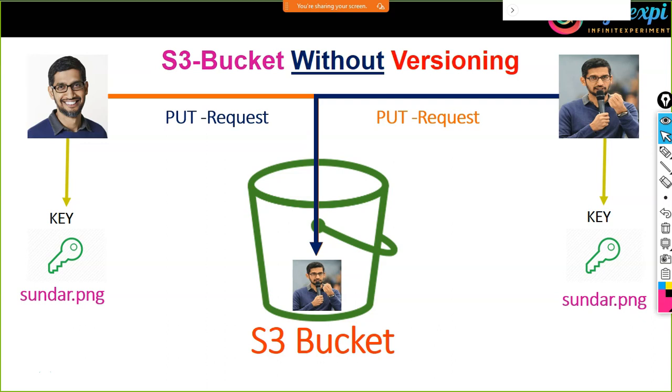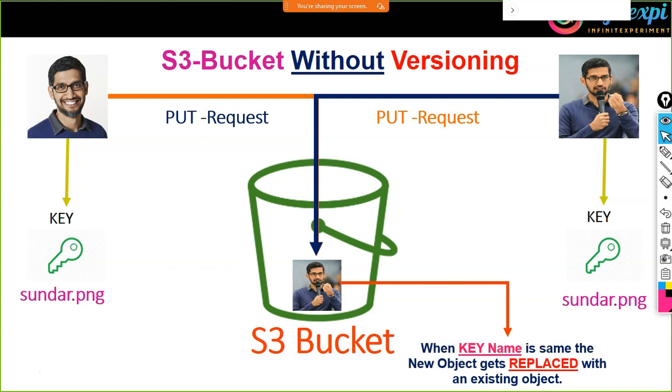If you are not maintaining versions, it will replace. If the key name of the new object is the same as an existing object's key name, then your object is replaced with the new object. The old object goes away and the new object takes its place.